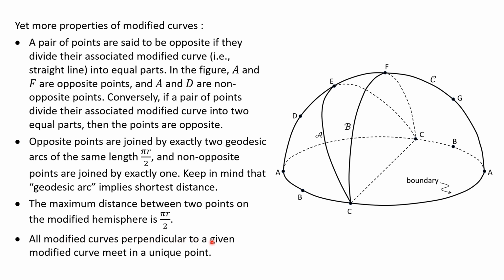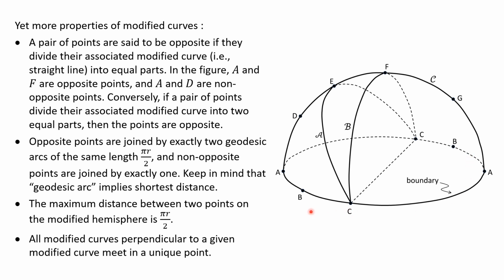All modified curves perpendicular to a given modified curve meet in a unique point. So if we take this modified curve from A to B to C to A, this one here, then B, script B, this modified curve is perpendicular to the boundary, and then we could rotate this slightly and go from, say, B to F down to B, and that would also be perpendicular, and you can go from here to here to here and so forth.